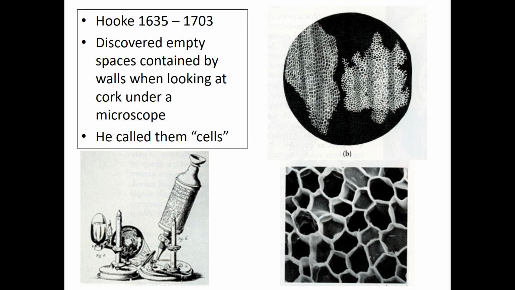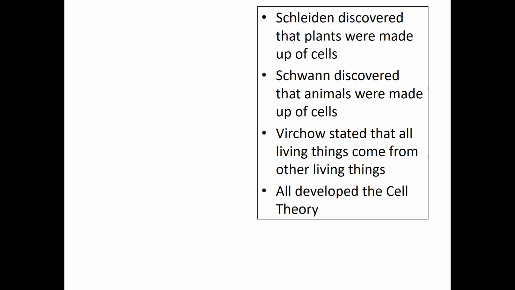And then there were these 3 other guys that are also really important. Schleiden, Schwann, and Virchow expanded on what Hooke had done, and they took it a step further. Schleiden discovered that plants are made of cells.